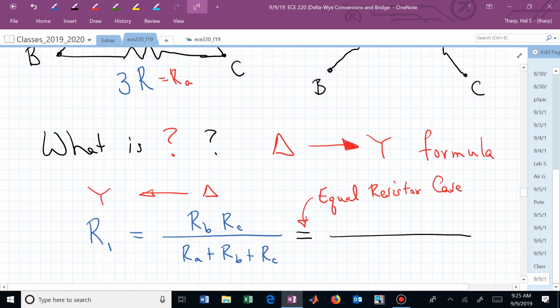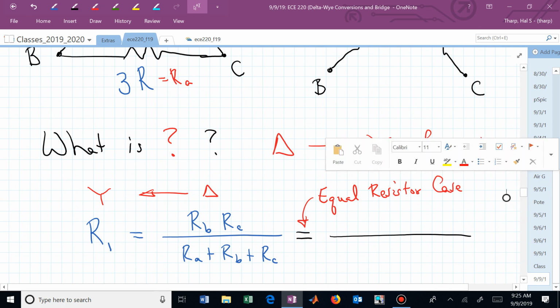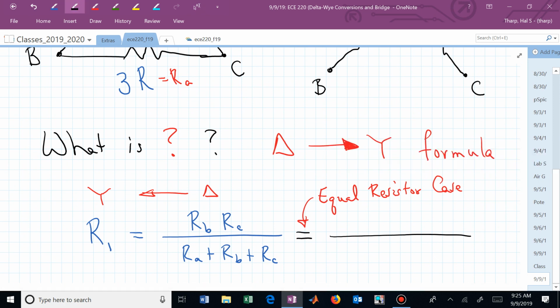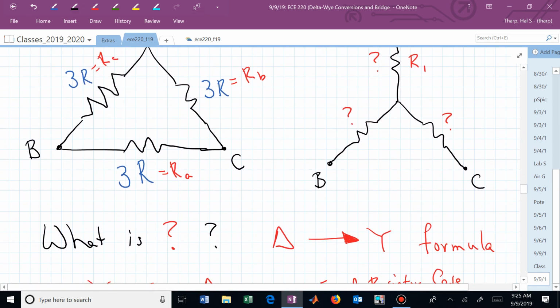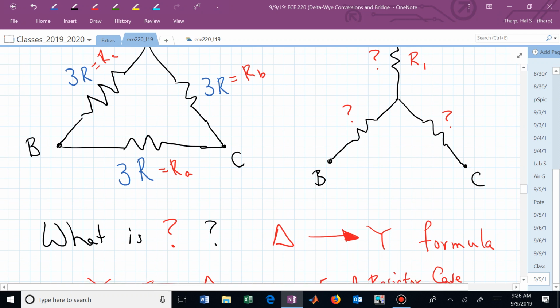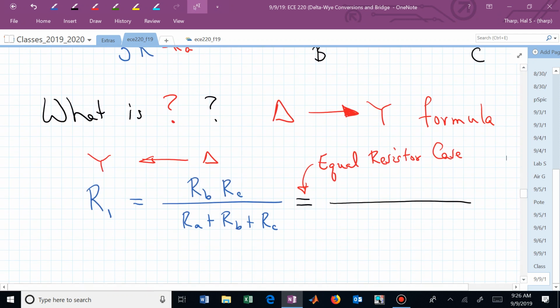So if this is now R sub 1, I've written its formula down already for us. What's R sub B? In this assumed equal resistor case, we're calling it 3R. R sub B is 3R.